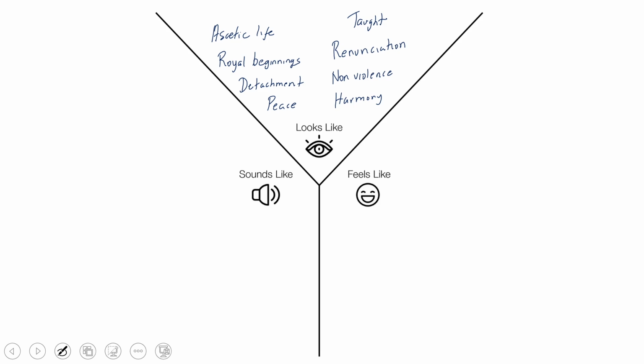Now, how does it feel like? Okay? For example, when you look at renunciation, what does it feel like? Sacrifice, okay?